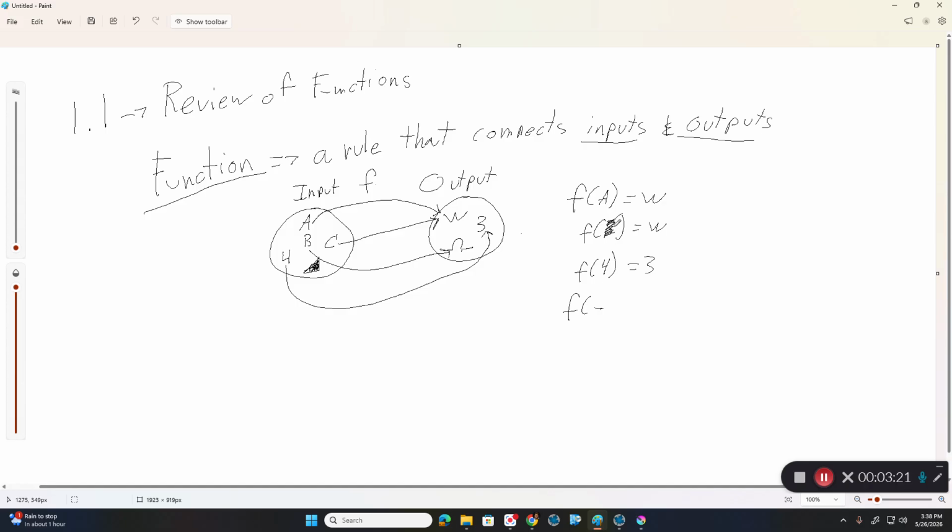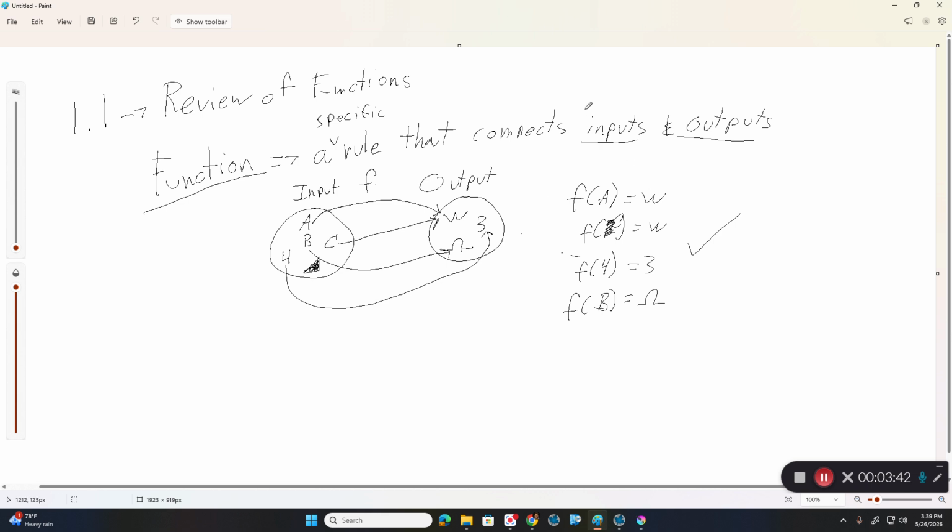That should be f of c, and f of b turns out to be omega. I want to point out, this is what we consider a good function. It is a rule that connects inputs and outputs. And maybe I should specify, it is a specific rule that connects inputs and outputs.